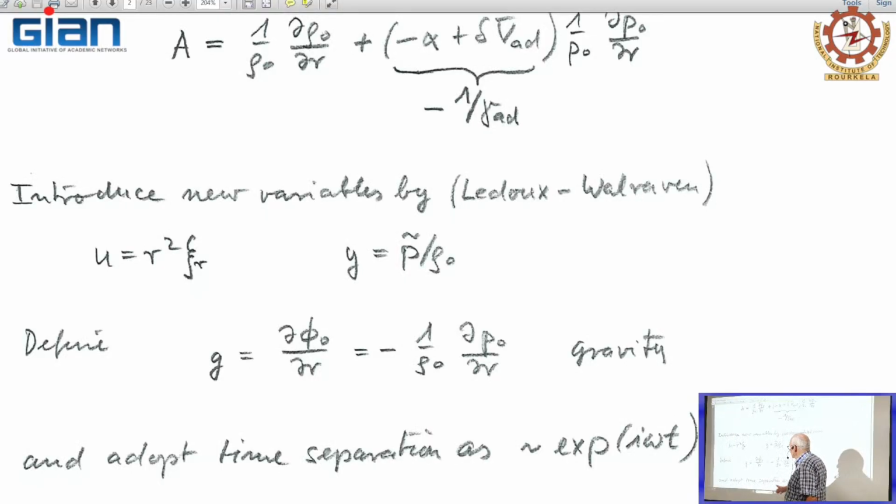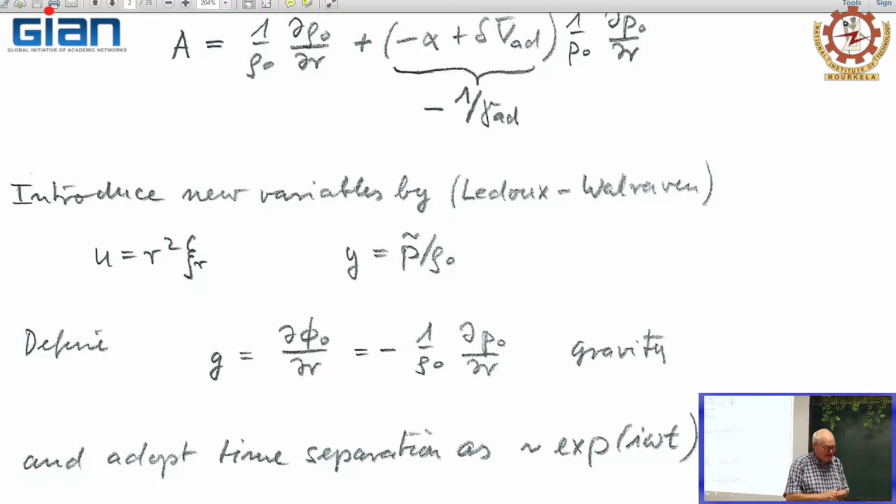Then we introduce the gravity using the gravitational potential. There is nothing secret behind it, which is, according to hydrostatic equilibrium, given by minus 1 over the density times the pressure gradient. So this is introduced here in the notation of Ledoux and Wallraven.